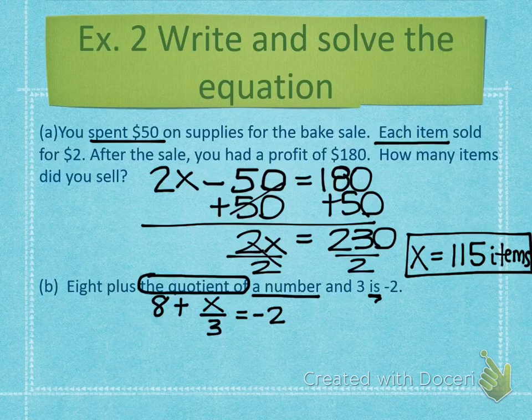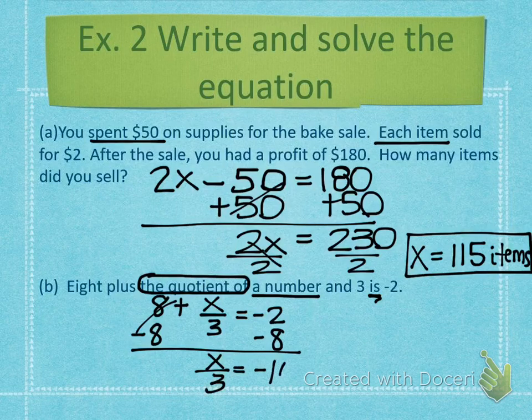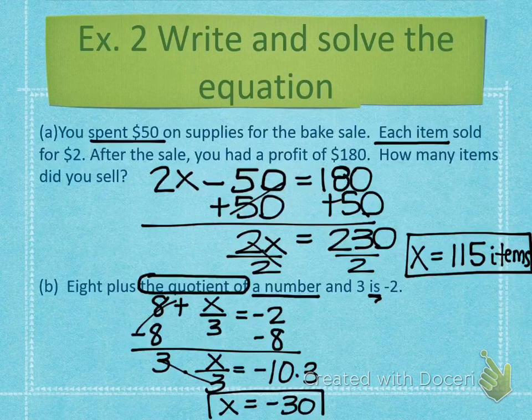Again, no distributive property, no combining like terms, no moving a variable. So we are simply going to subtract 8 from both sides. Bring down x divided by 3. It equals -10. And how do we finish this? Multiply both sides by 3. So x equals -30. Awesome. And that is lesson 1.2.